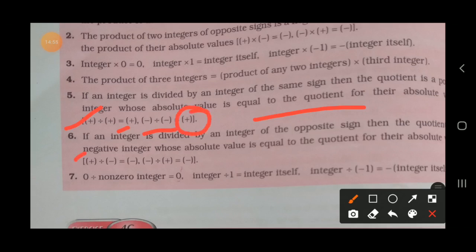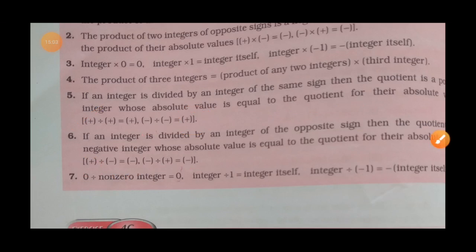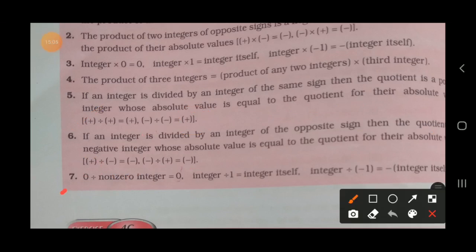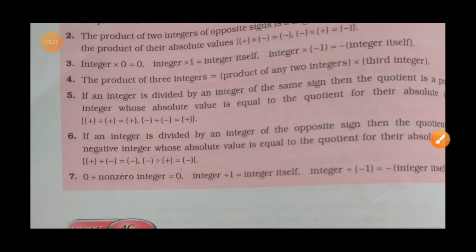Plus divided by minus, then minus you will get. Minus divided by plus, minus you will get. 0 divided by non-zero integer, then 0 you will get. And integer divided by 1, then integer itself you will get, and integer divided by minus 1, then minus integer itself you will get. Some products and divisions are here, you have to keep in your mind.